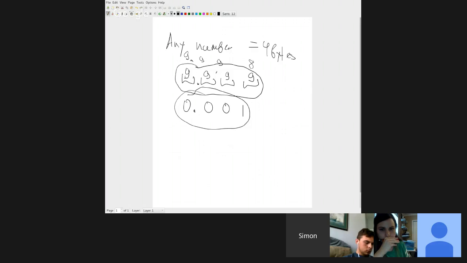And range, if you look at the assignment, is what we're asking about: the minimum and maximum numbers which can be represented, and the precision, the smallest non-zero representable number. It looks like the minimum and the smallest non-zero representable number are the same.